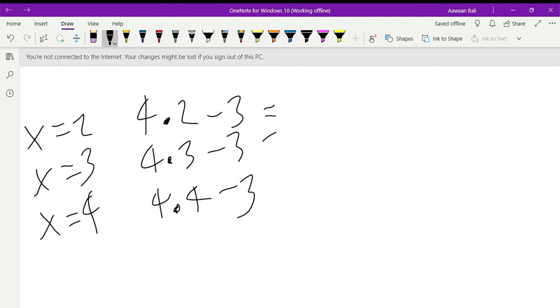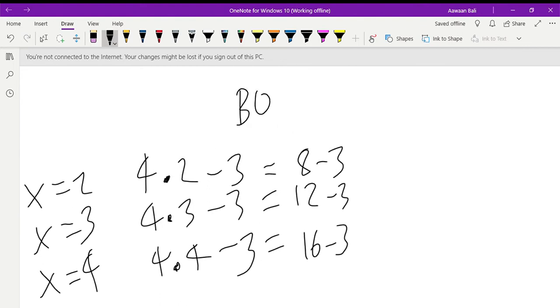So that's why it's a dot and not a cross. So anyways, we have 8 minus 3, 12 minus 3, 16 minus 3. Because we always have multiplication first according to BODMAS here. Or you could say BIDMAS, either way.